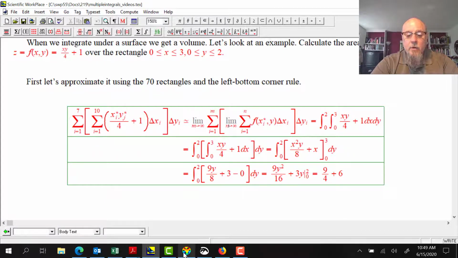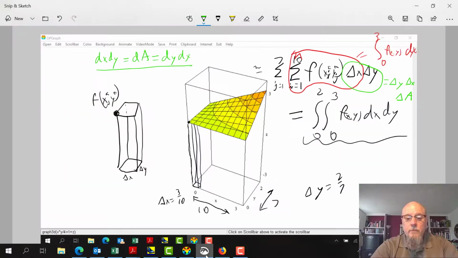If you look back, let's go back to our picture. When we were integrating, I wrote delta x and delta y just out of habit, but I could have written delta y and delta x.